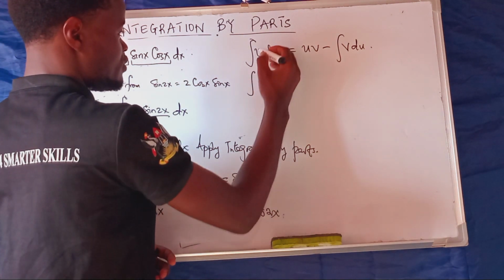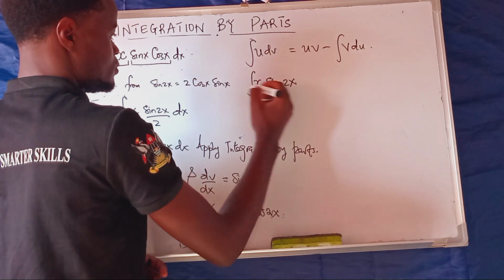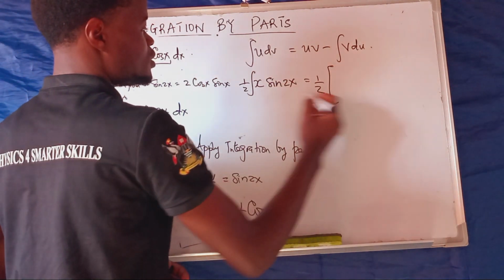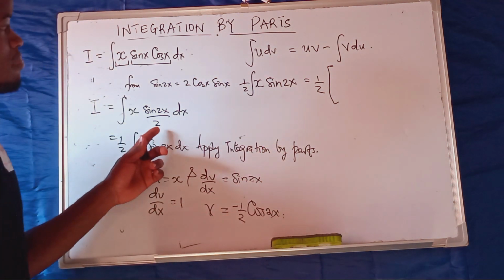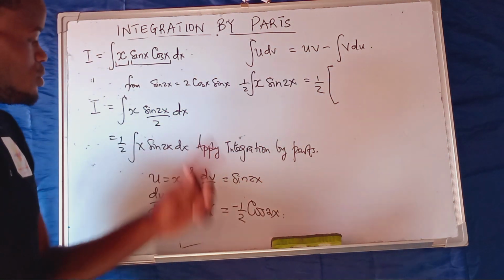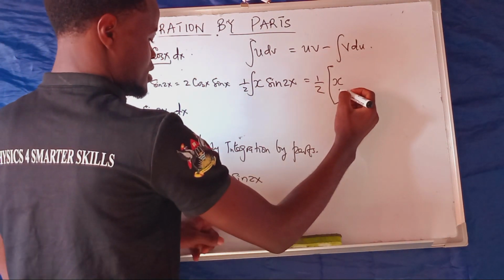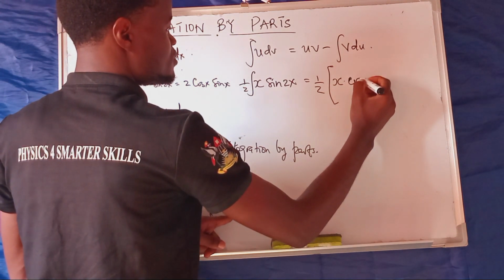So the integral will equal a half into, because of this a half, my u is here x, then my v is what I've got, times minus a half cos 2x.